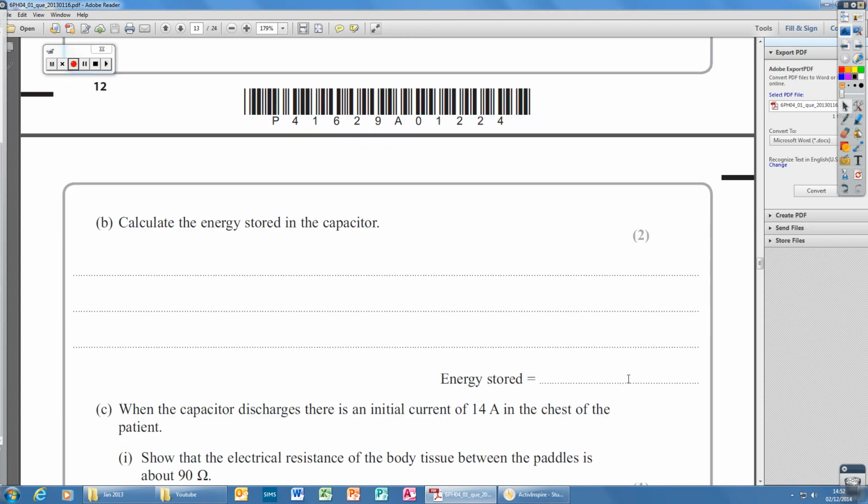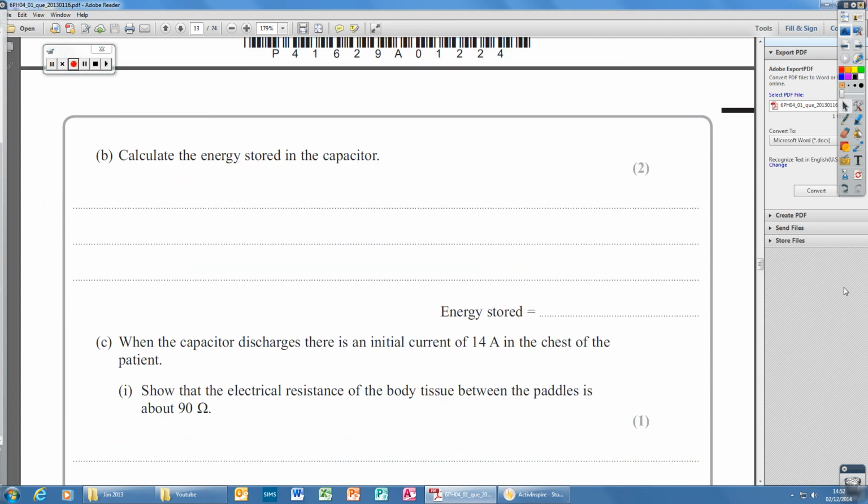Right, moving on. Now we need to calculate the energy stored on that capacitor. Now if you look at the back of the paper, you won't find this equation here. You won't find W equals a half CV squared. You'll actually find W equals a half QV, which is rather more difficult to use.